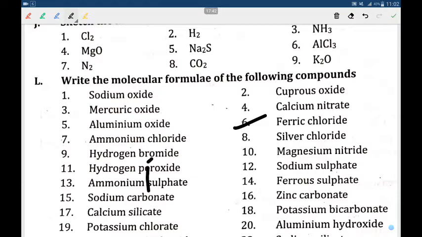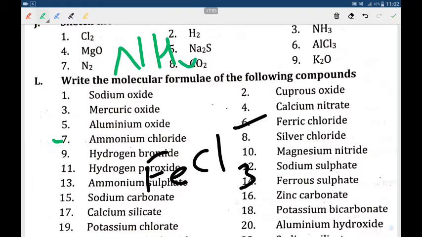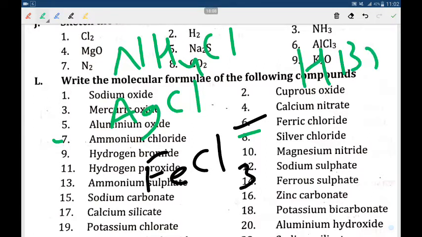Chloride. Ferric means valency 3. FeCl3. Next one is ammonium chloride. Ammonium chloride is NH4Cl. Silver chloride, AgCl. Hydrogen bromide, HBr.